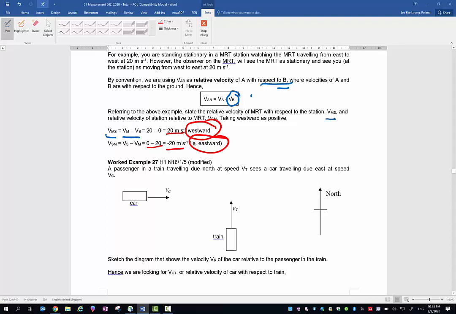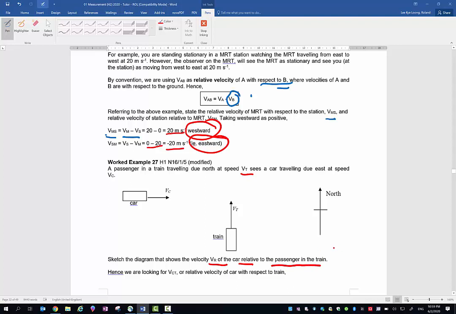This is a recent H1 question. A passenger in a train traveling due north, so let's call it VT. There you can see below VT going up. Sees a car traveling due east, let's call it VC. What do they want? They want the diagram that shows the velocity of the car relative to the passenger in the train.